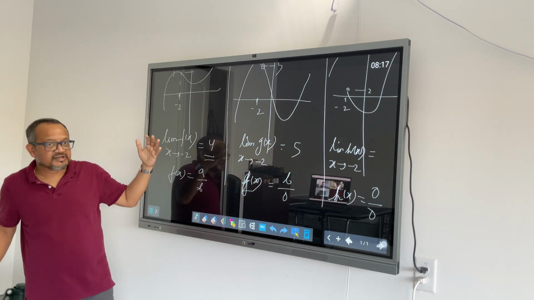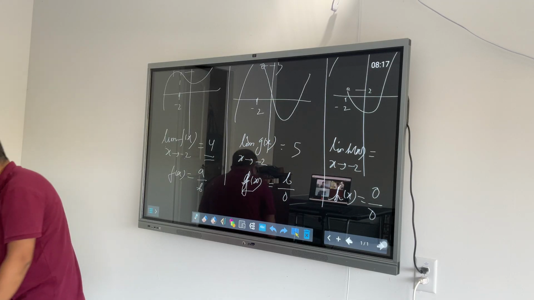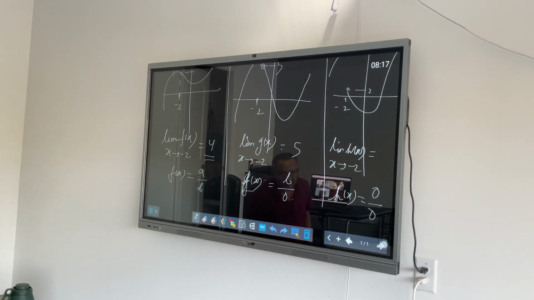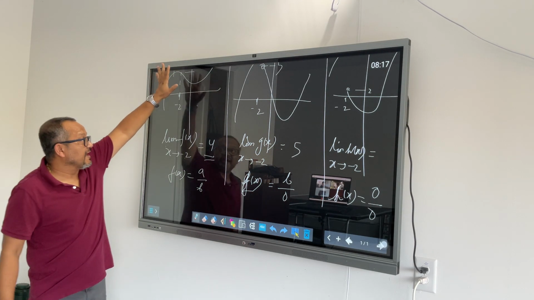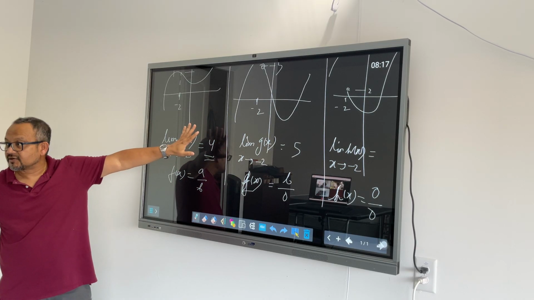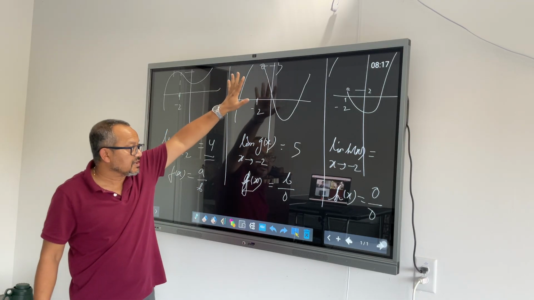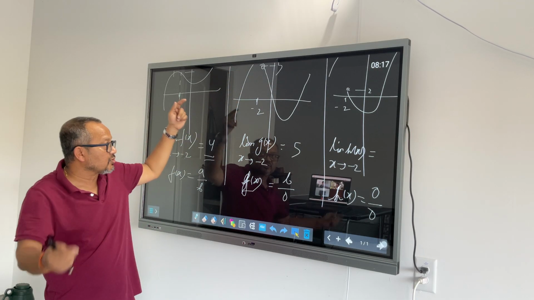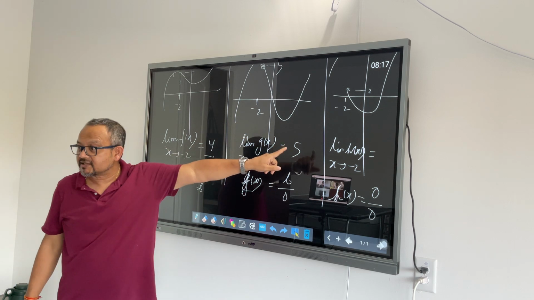This is more of a strategy that I'm trying to push to you guys. When there is no discontinuity, you are just finding the value of the function for the given value, and that is your limit. Even if there is a discontinuity, but only at that point, when you are approaching from both sides the same value, it is also as good as the value of the function.